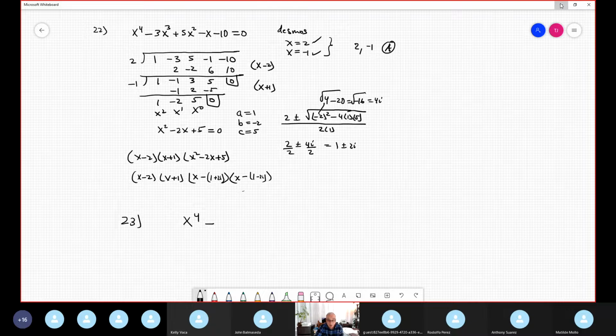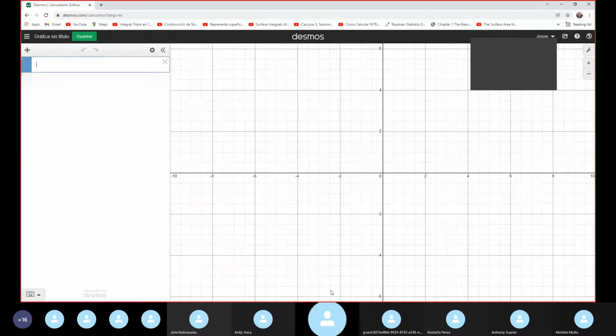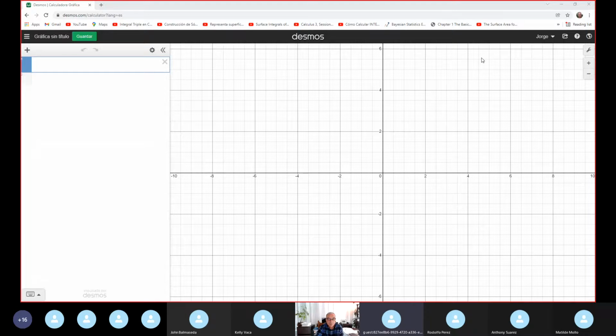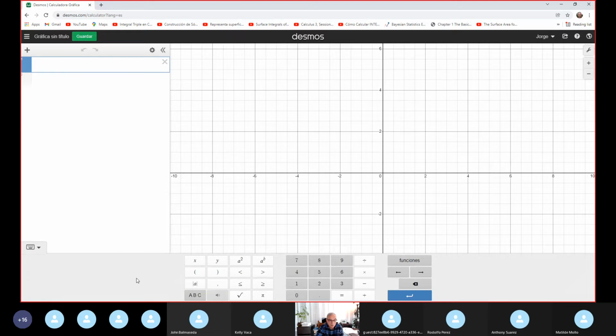Okay, this is Desmos. Let me share the screen. Switching to the other Desmos window. I suppose you see Desmos now. You see or no? Yes, I see it. So here you put y equal. Let me use the keyboard of Desmos.